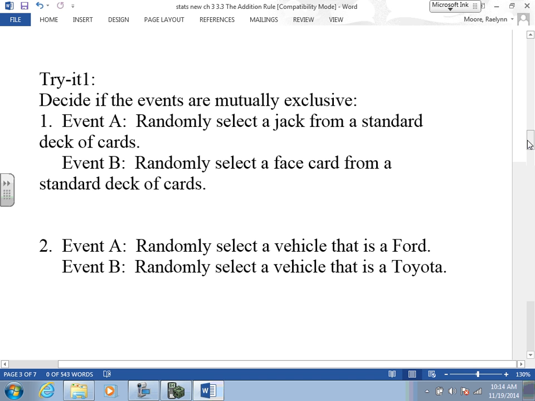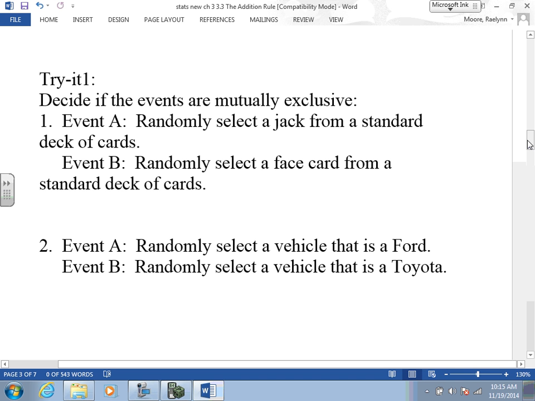So event A, you randomly select a jack from a standard deck of cards, and at the same time, event B, you randomly select a face card from a standard deck. Are they mutually exclusive? Which card happens in both? A jack. Okay, and this is important when we go to add this.